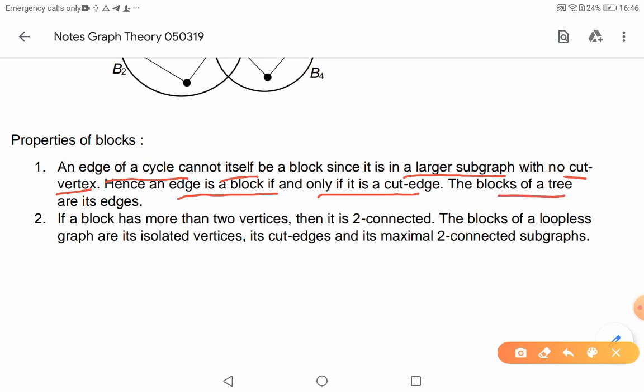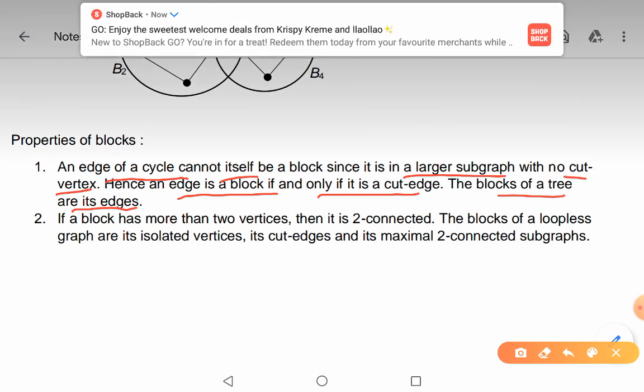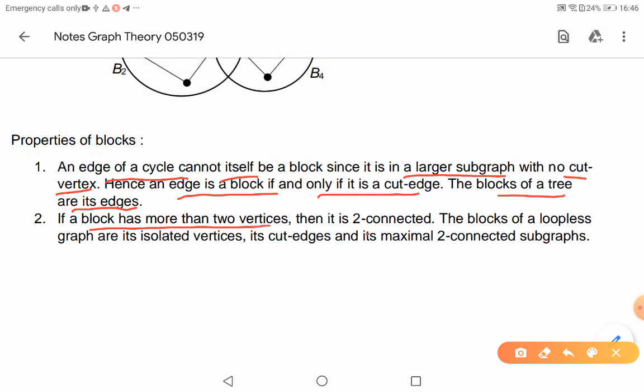The blocks of a tree are its edges. Number 2: if a block has more than 2 vertices, then it is 2-connected. The blocks of a loopless graph are isolated vertices, cut edges and maximal 2-connected subgraphs.